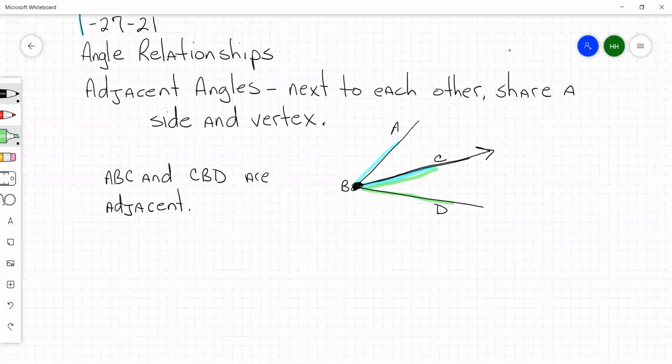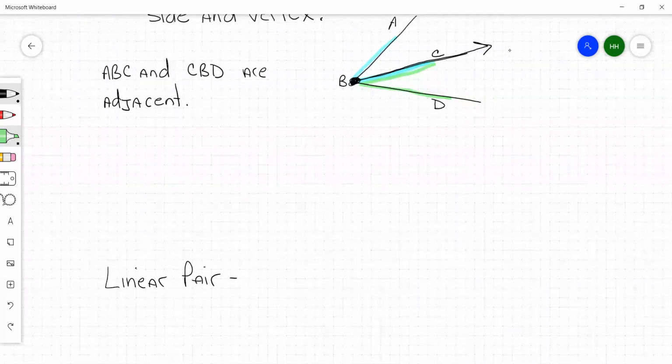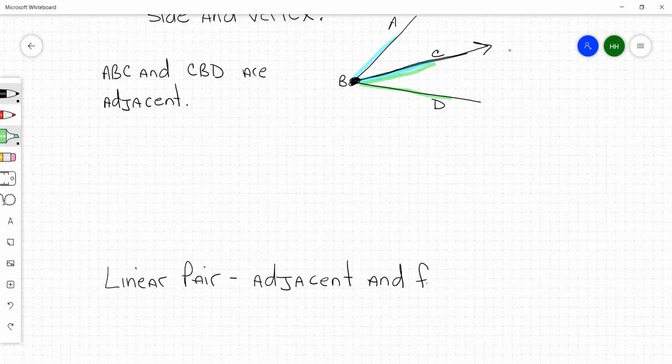Next set. Linear pair. A linear pair of angles are adjacent and form a line.